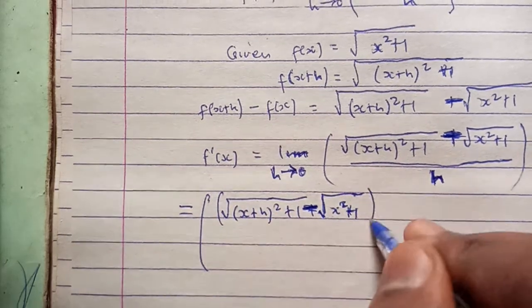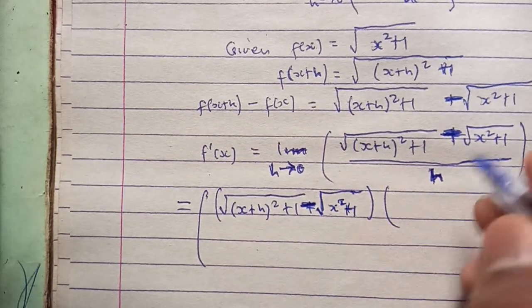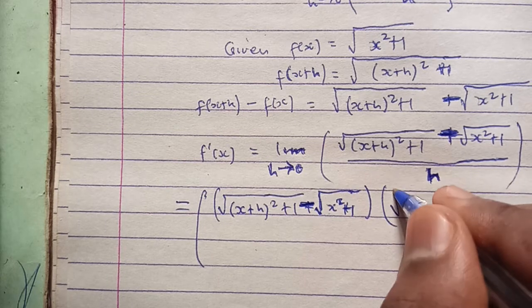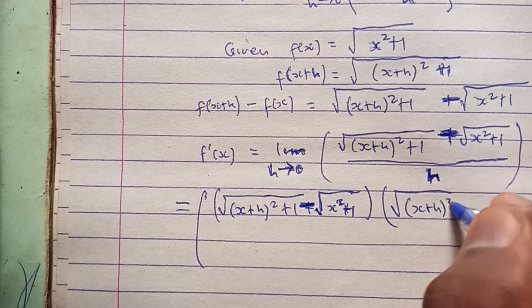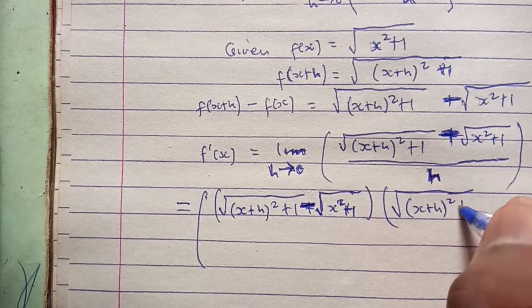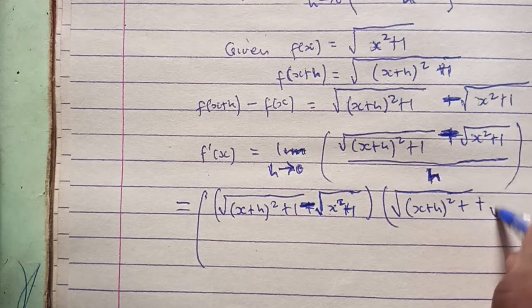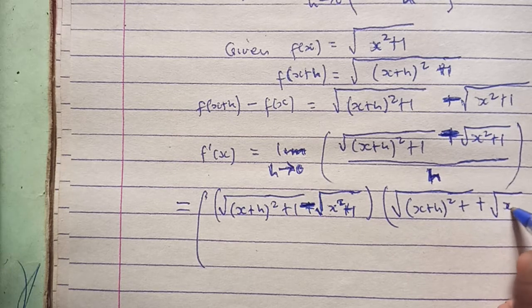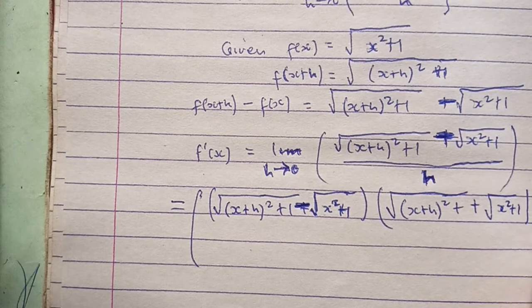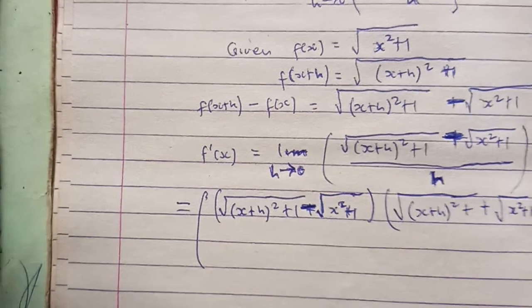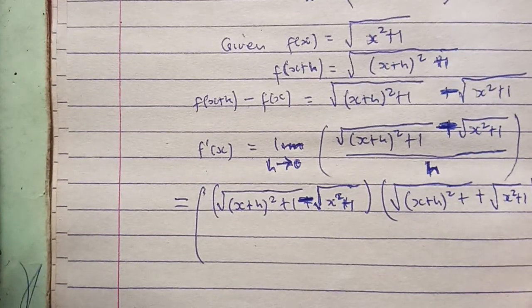Then we'll have that one in bracket multiplying by its conjugate, so square root of (x plus h) squared plus 1 plus square root of x squared plus 1, then bracket close. Guys, have you seen that?